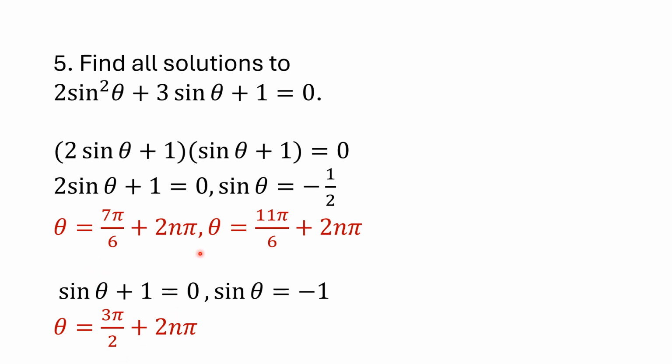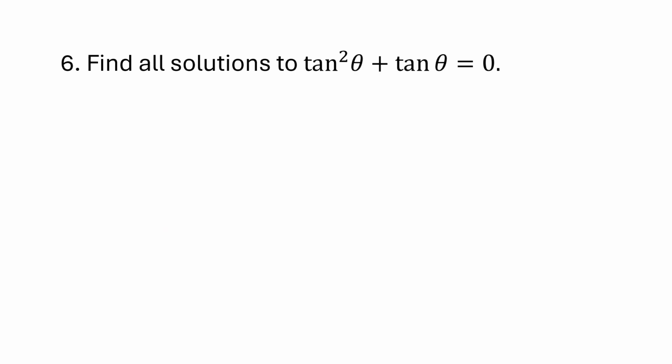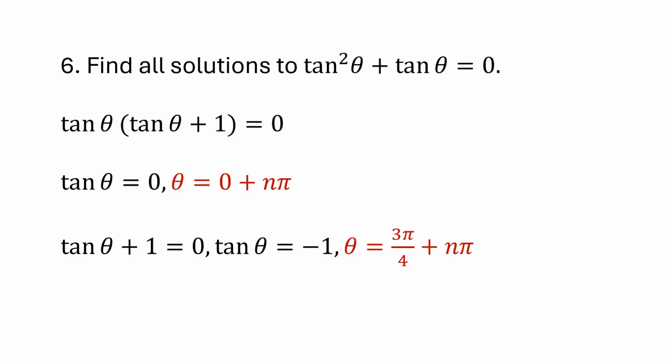Okay, so all of the red solutions must be included. Number 6. Find all solutions to tangent squared theta plus tangent theta equals 0. We would factor out tangent theta times tangent theta plus 1 equals 0. Tangent theta equals 0 at 0 and every n pi from there, so it's 0 plus n pi.